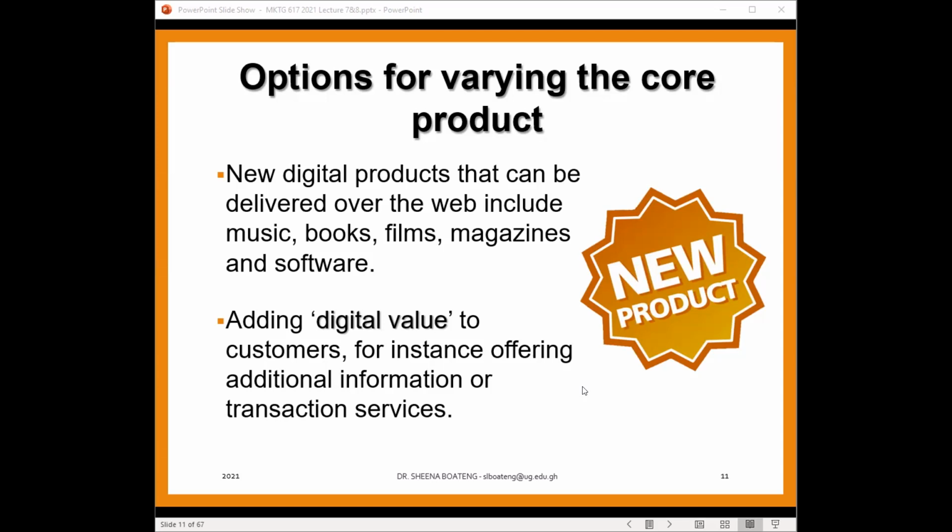At the same time, too, there are various transactional services that are available online that we did not have access to offline. For instance, hitherto offline, you had to buy items in cash.